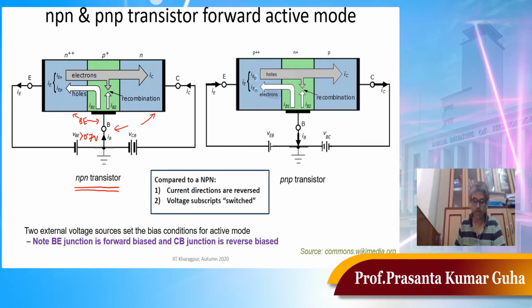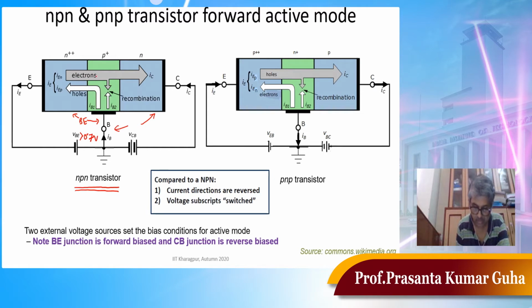Now if we look at the carriers which are moving in this particular device on the left hand side, you see the majority carriers in the emitter are electrons. As this base emitter junction is forward biased, electrons will be able to cross this junction and come to the base.